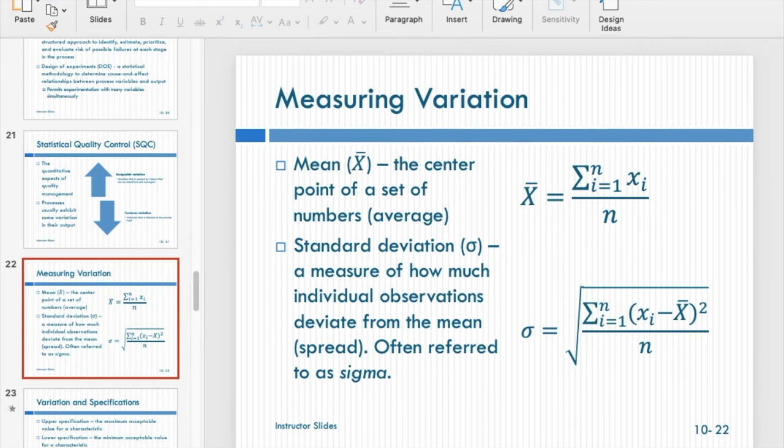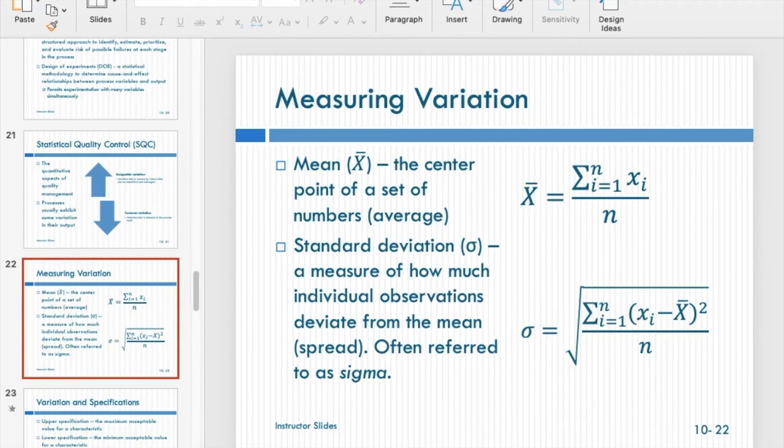And then the standard deviation is another measurement. Instead of measuring the central point, the standard deviation measures the dispersion within your sample. What you do is follow the formula right here.